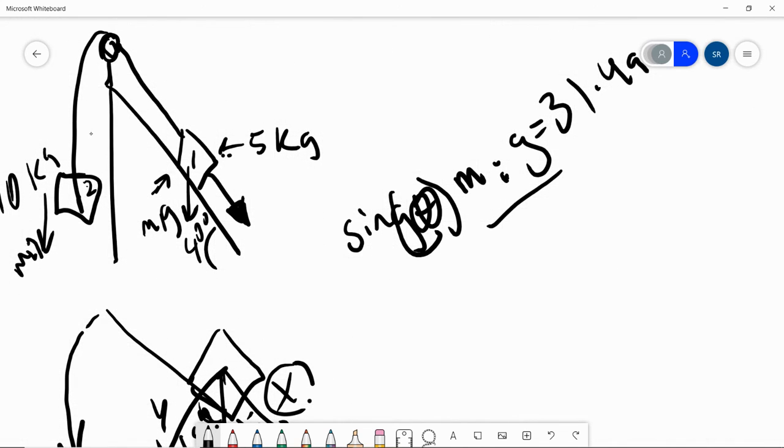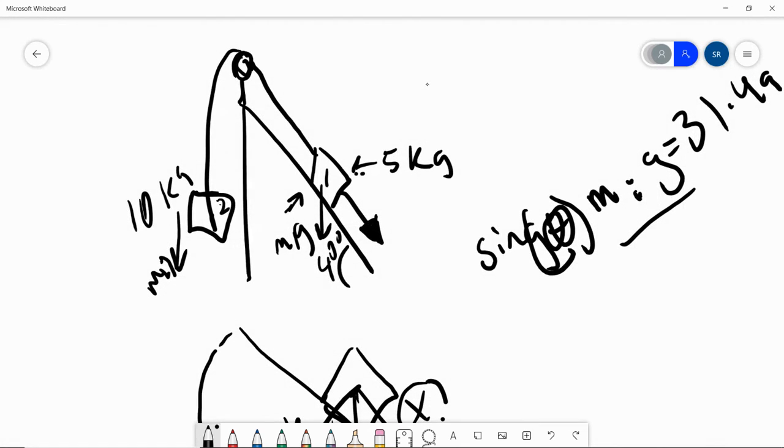Now, let's pause here and talk about signs. And when I say signs, I mean negative and positive. What's negative and what's positive? Well, that's for you to decide. But I would say that as this motion happens, I'm going to assume that we're going in a positive direction because that's where my motion is going. And anything that would hinder it or slow it down or go in the other direction in a way would be negative.